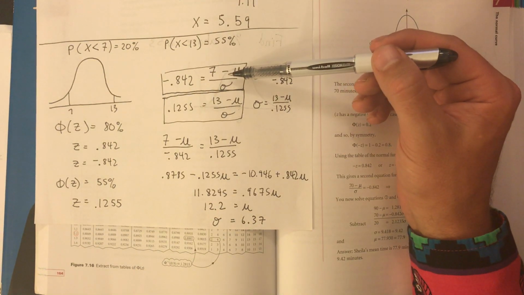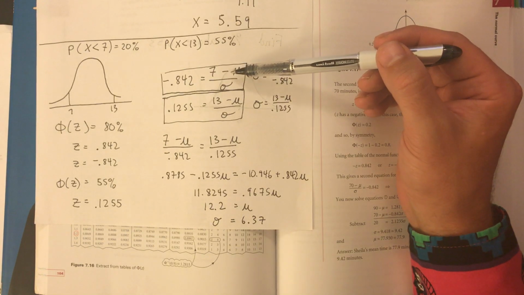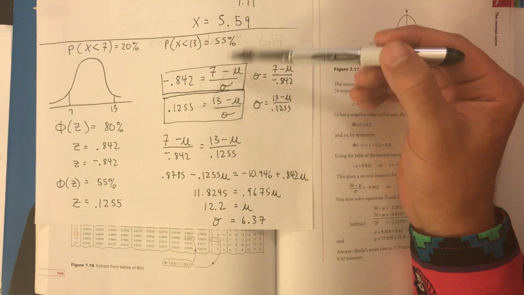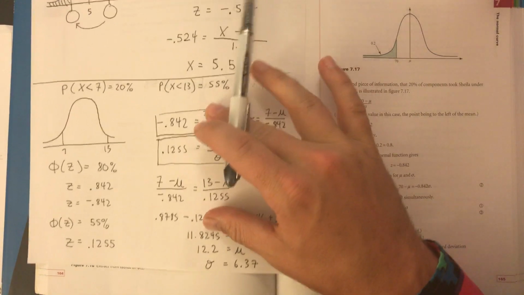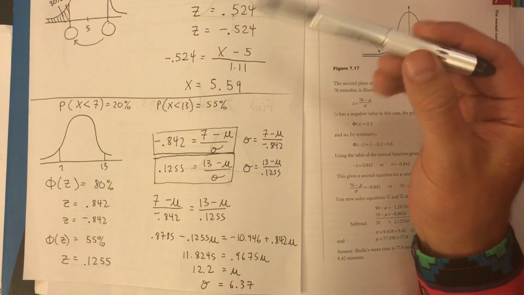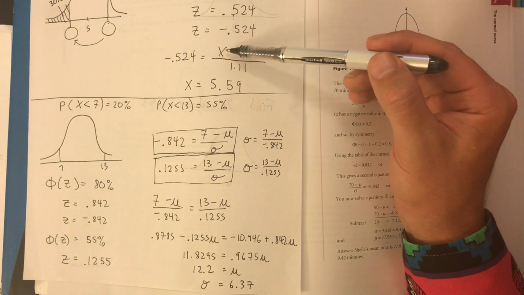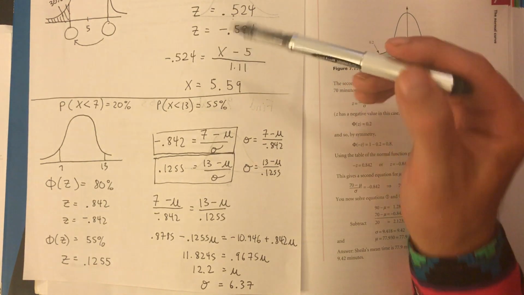You can plug those back into the z-score formula and you get two different equations. Notice in the problem above, if you can still see it, we just got one equation. But this was cool because look, there's only one variable here to solve, x.